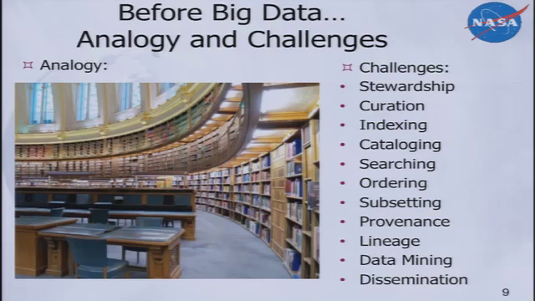How do we provide ordering, subsetting? Subsetting was important because the network bandwidth is not big enough, so you cannot bring back terabytes or petabytes of data to your home lab. Okay, so this is the type of workflow and the services, functions that we focus on.